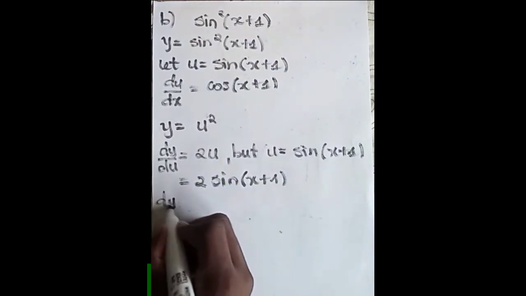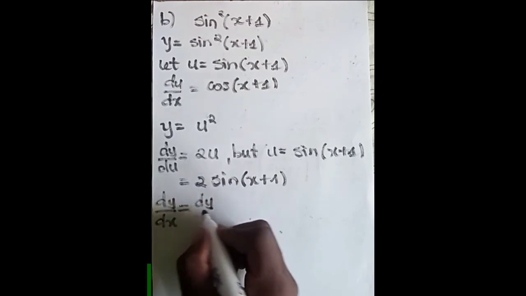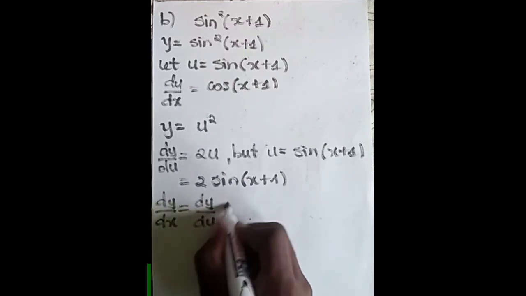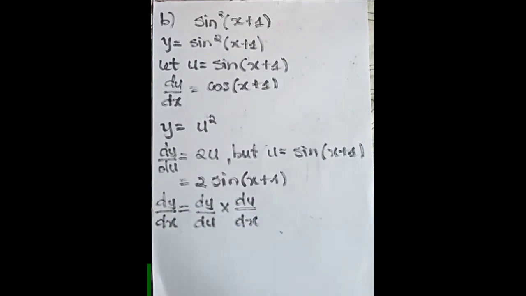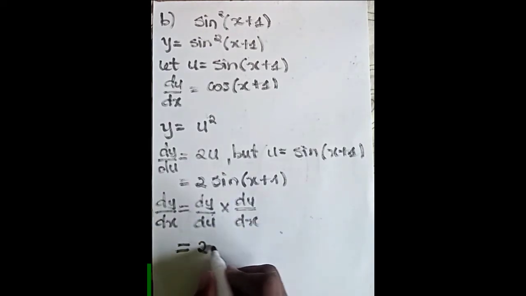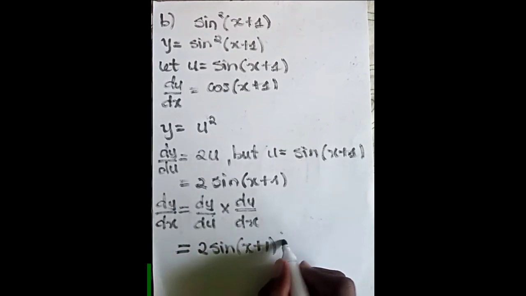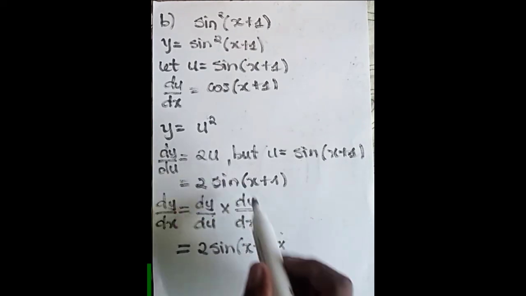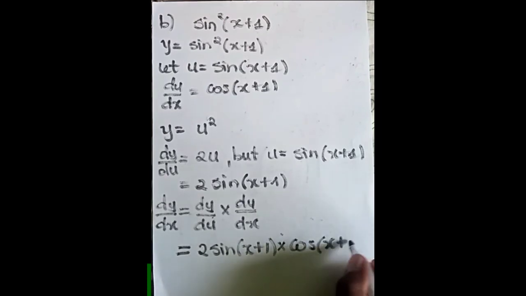Now dy/dx is given by dy/du times du/dx, which is going to equal dy/du, given by 2 sin(x plus 1), times du/dx. What's du/dx? That's going to be cos(x plus 1).